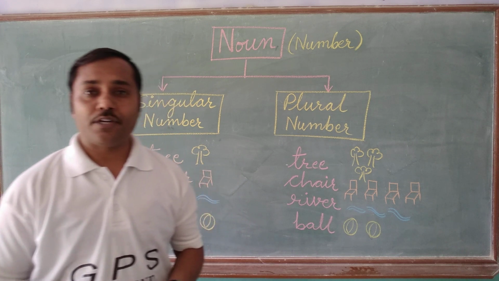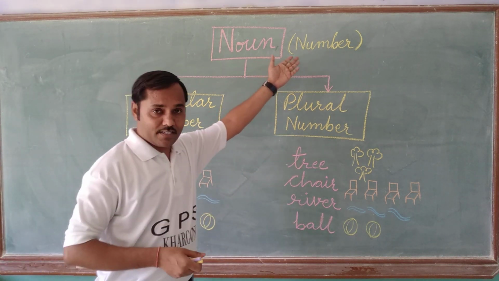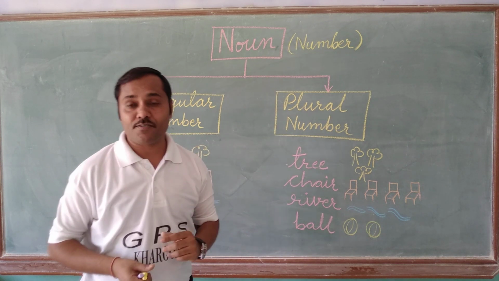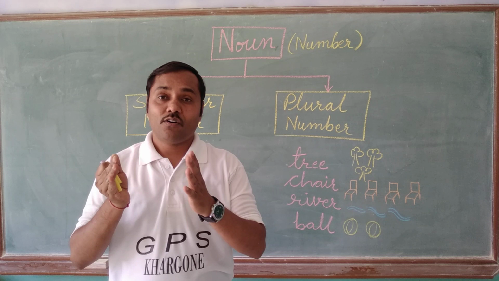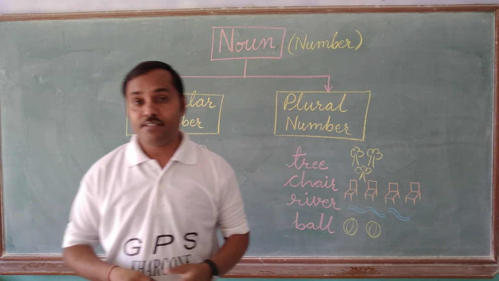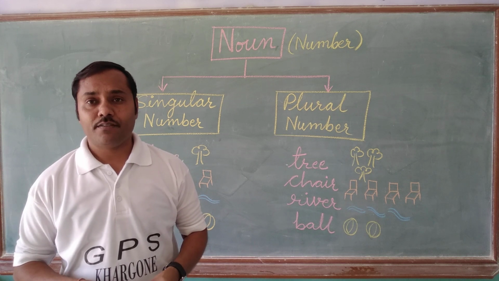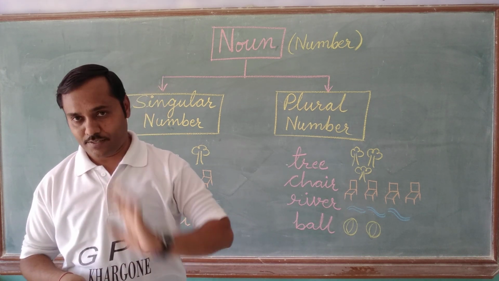Today, I am going to teach you nouns on the basis of numbers. Yes, numbers means on the basis of quantity and countability. Sometimes we talk about only one thing, one object or one person.